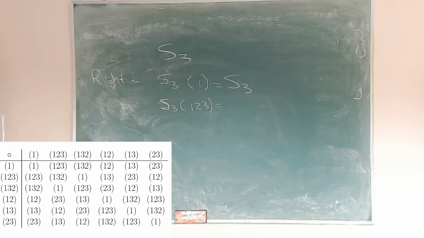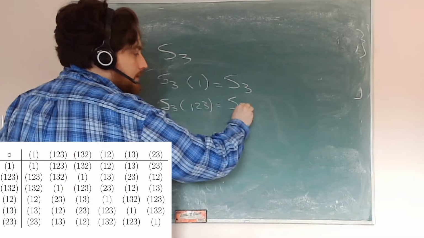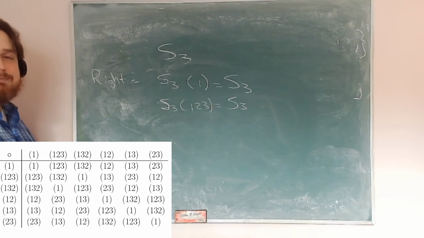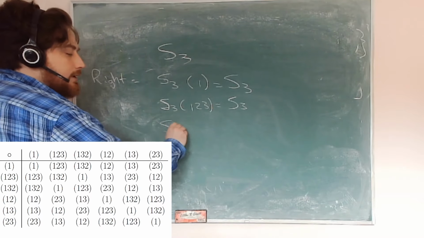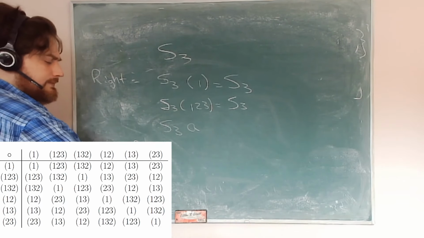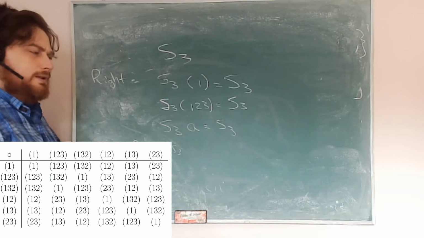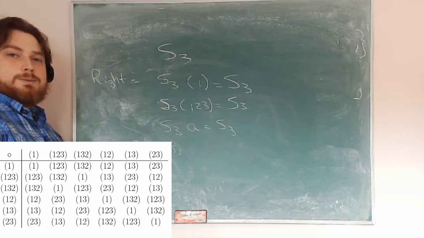Next, we're going to get (1 3 2), 1, (2 3), (1 2), (1 3). I know it's in a different order, but we do get all 6. So we just get S3 again. And actually, if we do that for every single one of the elements, what we're going to get is that S3 composed with A, for any A in S3, is just equal to S3. So all of the right cosets would just be the entire thing.